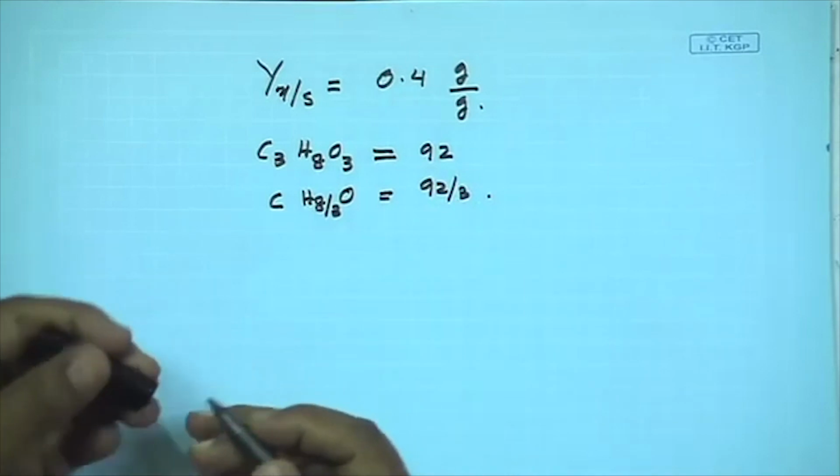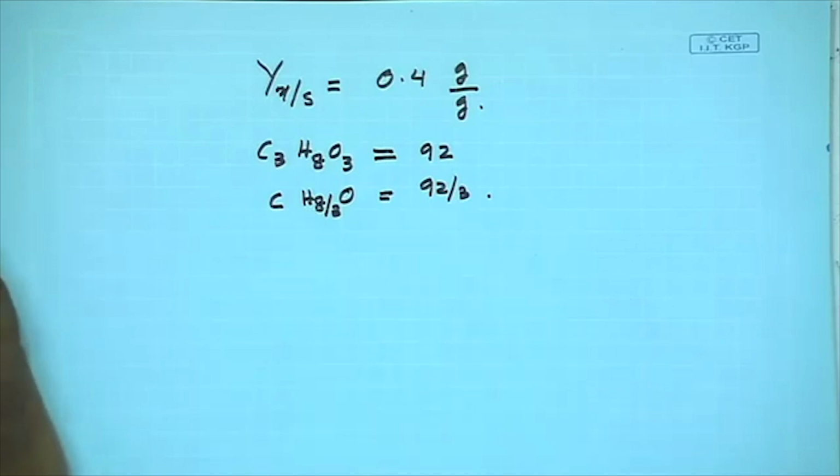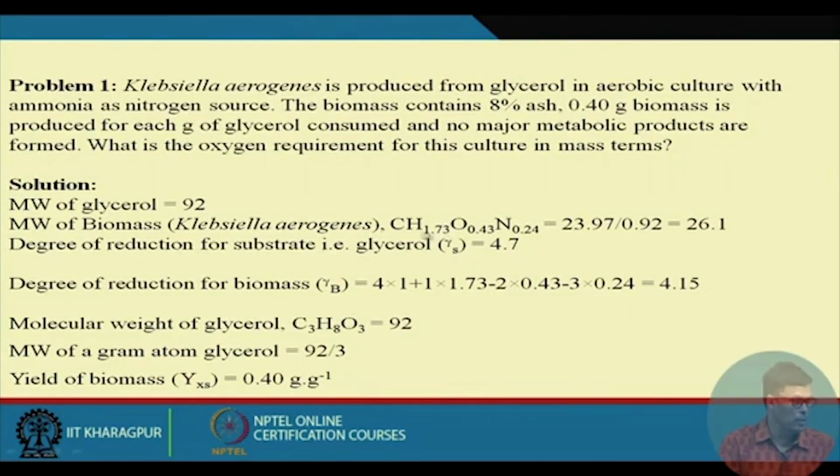Now the empirical formula of the Klebsiella is assumed to be CH1.7O0.43, and the molecular weight comes to 23.997.